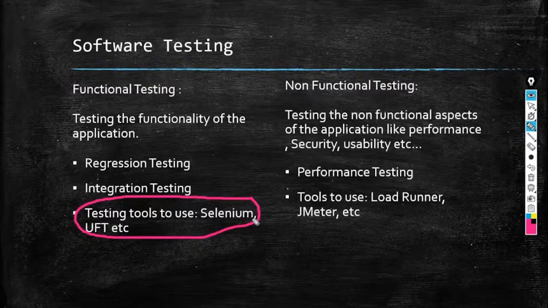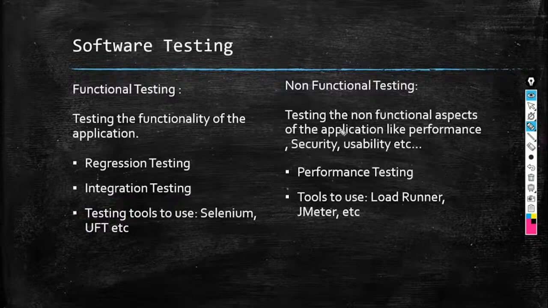Then what is non-functional testing? Non-functional testing primarily focuses on aspects like performance, security, usability, etc. As performance testers, we are primarily focused on the performance aspect. So what do you mean by performance?